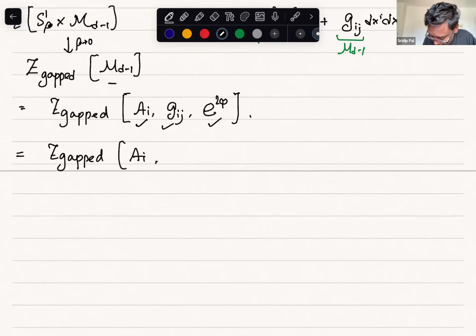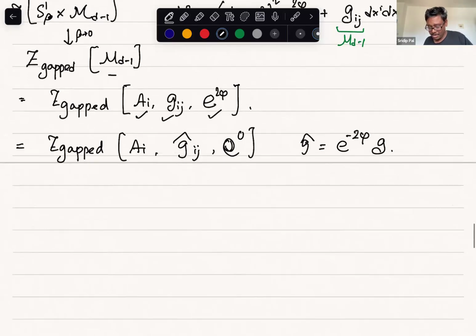A_i, Z hat, g_ij, 0, or in this language e to the power 0, where Z hat is e to the power minus twice phi G plus some e to the power S anomaly.